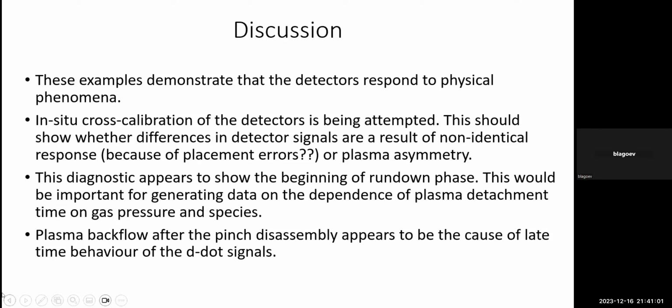Yes, appears to be, from the behavior of the D-dot signals, showing the behavior of the plasma both from the period before the pinch, during the pinch, and after the pinch disassembling of the plasma.